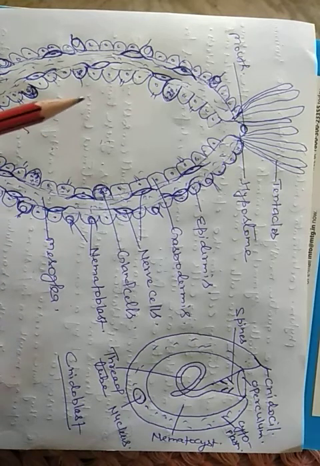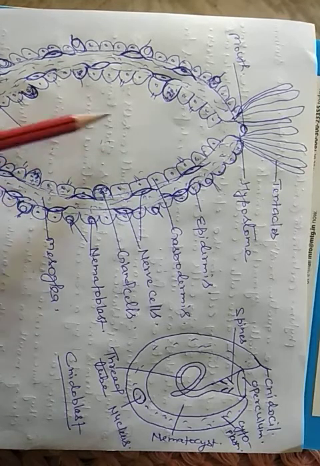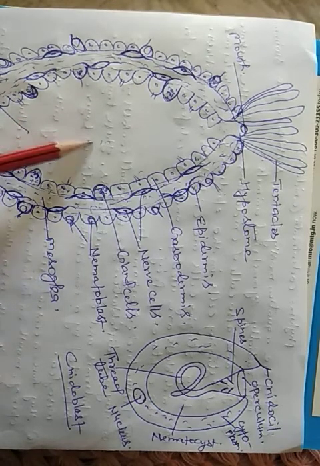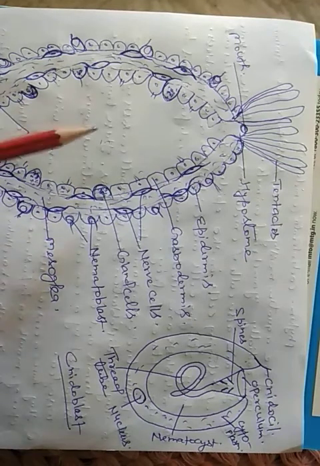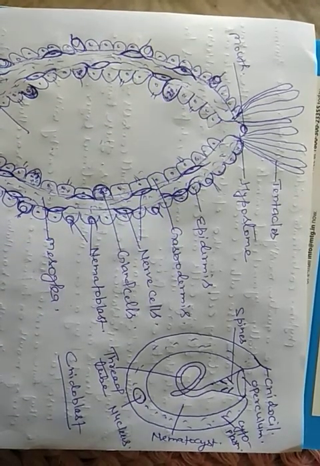Gastro means it helps in digestion, vascular means it helps in transportation. It acts as an incomplete alimentary canal having a single opening, that is the mouth.